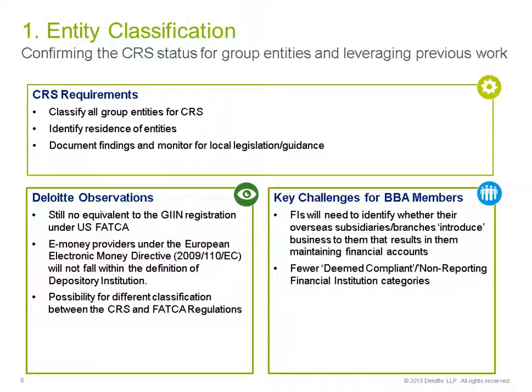It's going to become increasingly important to understand who maintains that financial account given the countries in scope. Also, the deemed compliant categories have been consolidated into a non-reporting financial institution category. And again, it's important to check those if you've relied on one of those during your FATCA work.